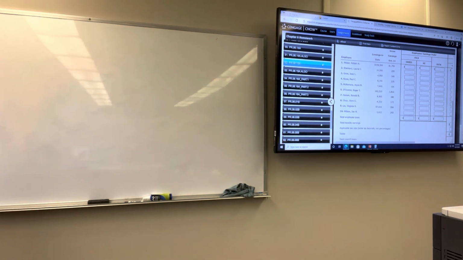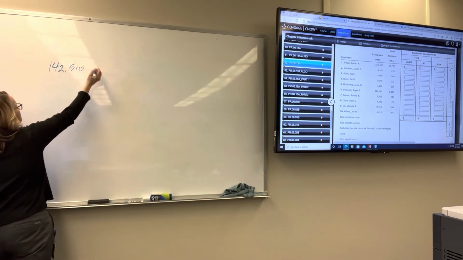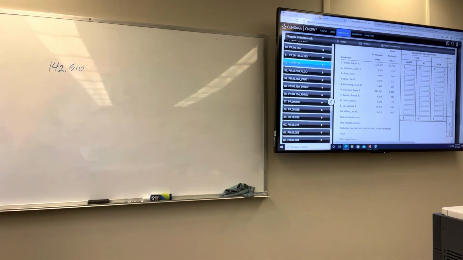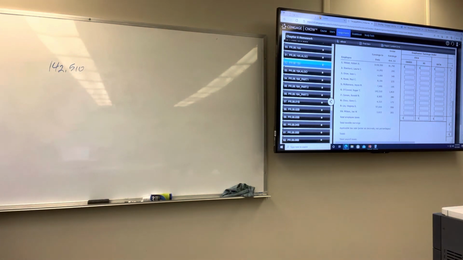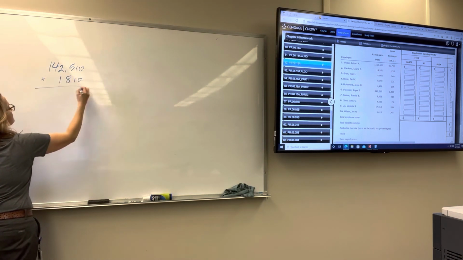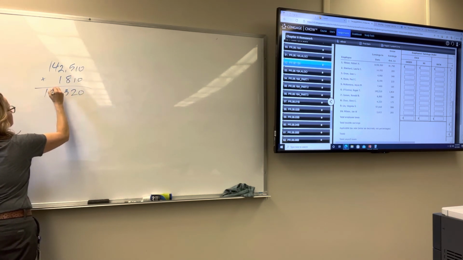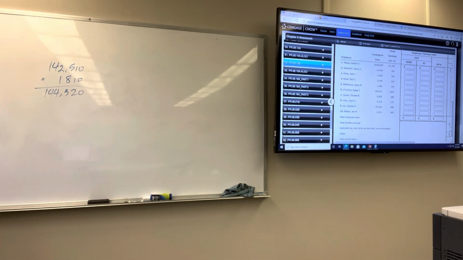Right, so he was at 142,510 previously. And in this pay period, how much is he? 1810. So after this pay period, he'll be at 144,320. Which means he's gotten up to that wage base, right?